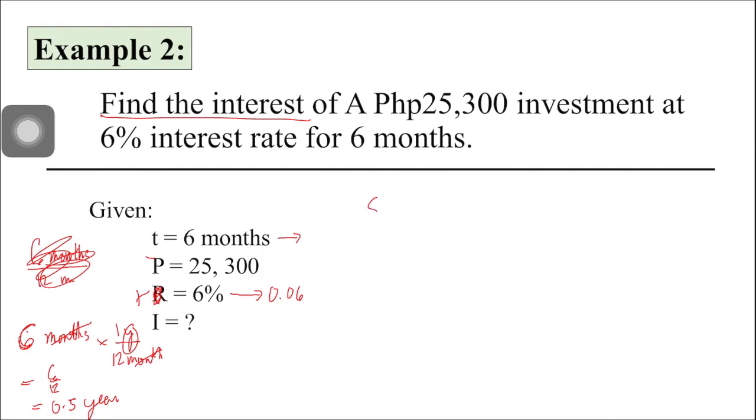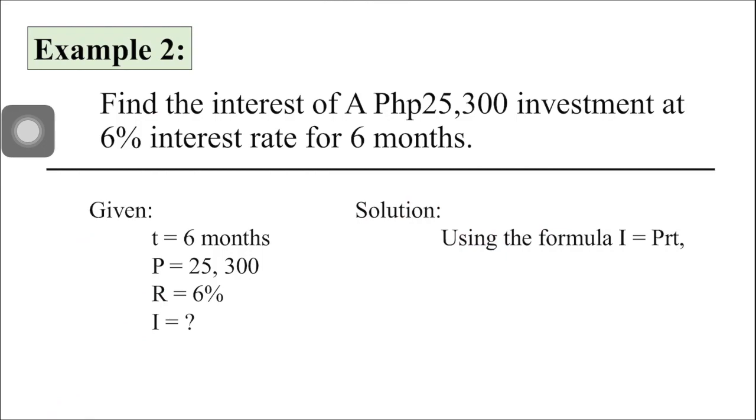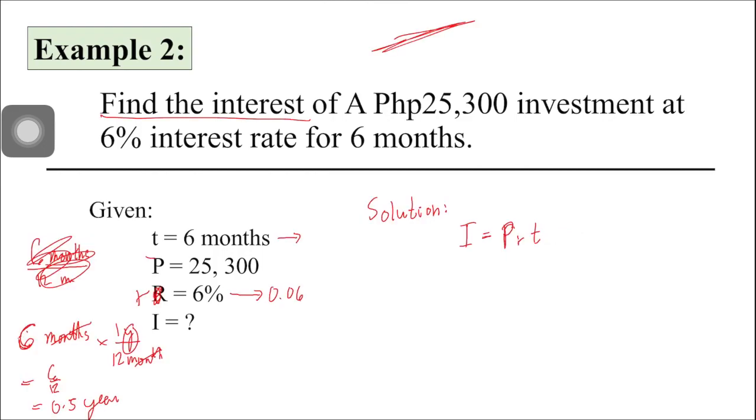So solution. The formula in getting the interest is I is equal to PRT.